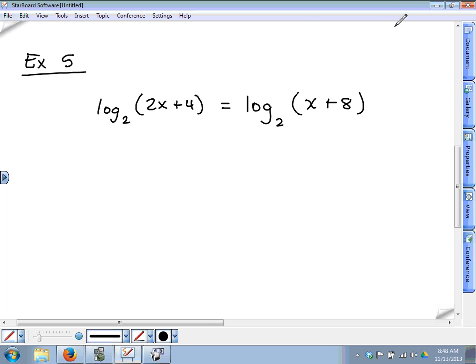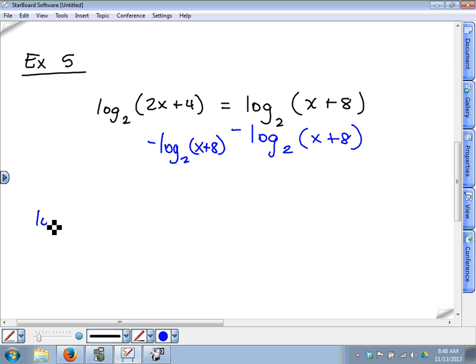We got a couple of good suggestions here. So, the suggestion was made, I can't remember who made it now, but what if we subtracted this entire logarithm to the other side? Okay.